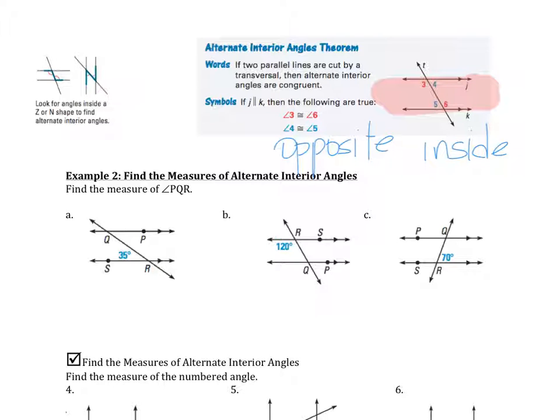So they are also congruent. So think of those angles right there. A backwards Z.